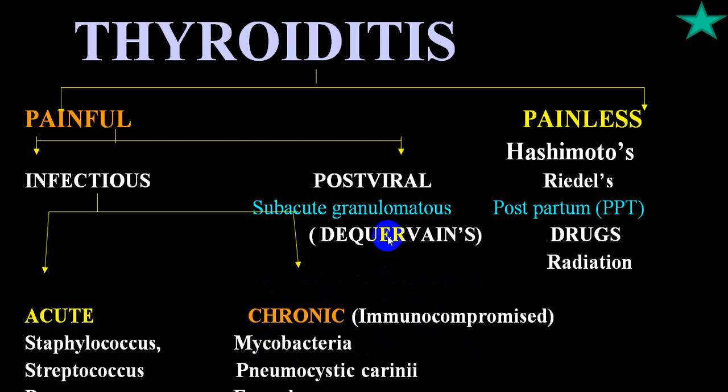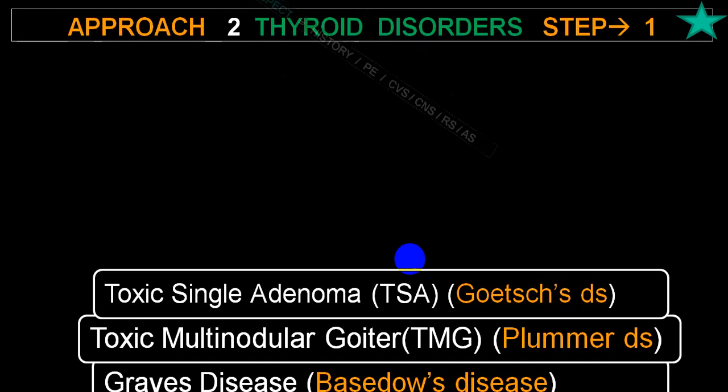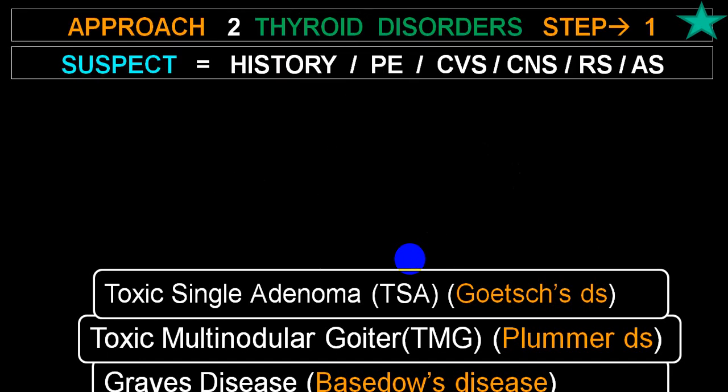While subacute variety, which is painful sometimes, we call de Quervain post-viral thyroiditis.